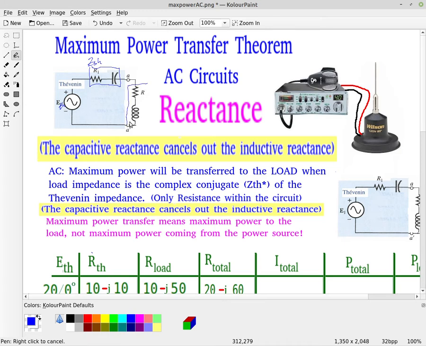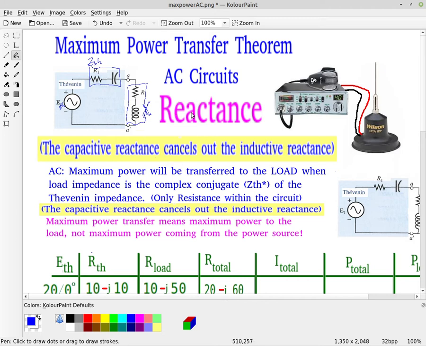The load is going to have some resistance and some reactance. That reactance could be capacitive or inductive, or maybe there's no reactance at all, just resistance. And like the previous video, we're going to look at various values of this.